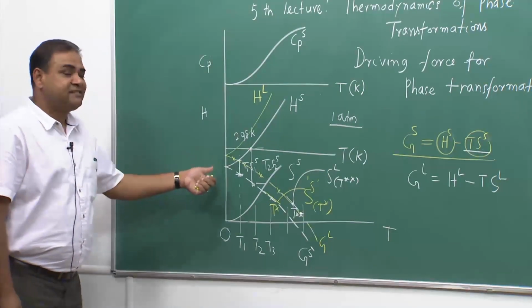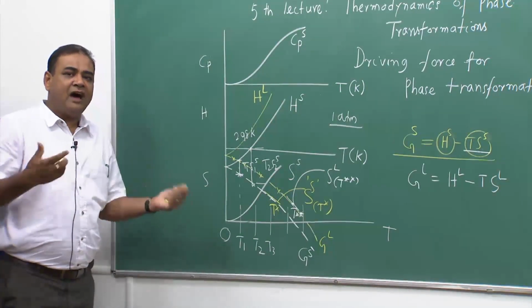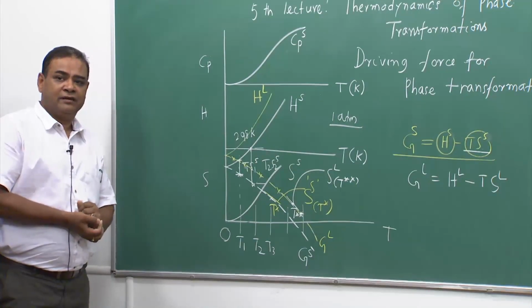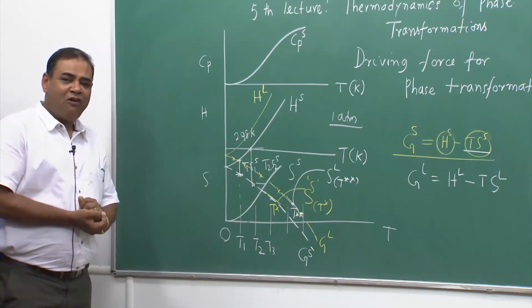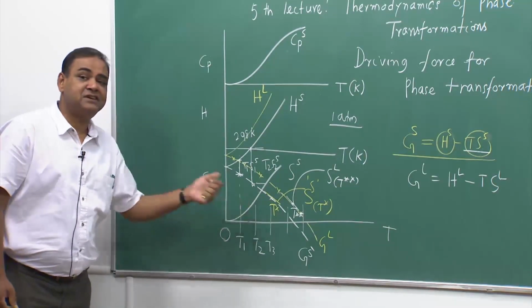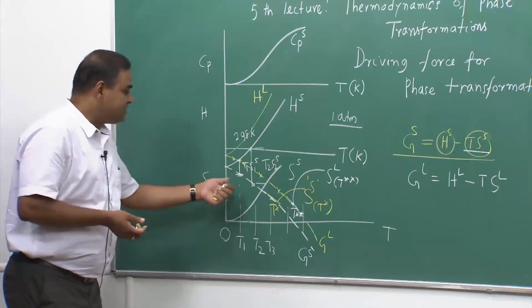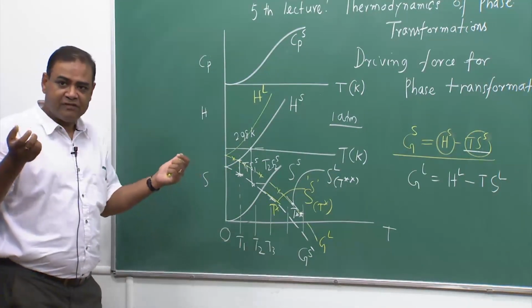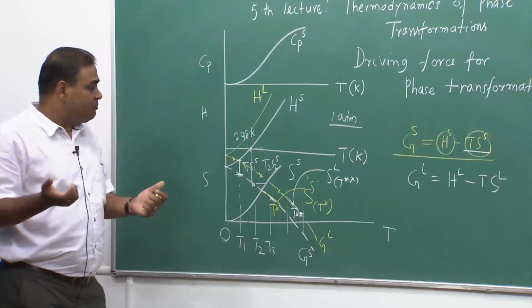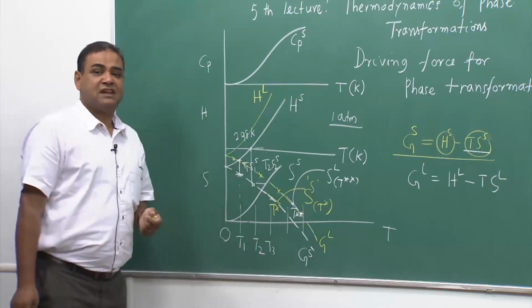Now, we have already seen that entropy of liquid is higher than the entropy of solid. That means the slope change for the liquid free energy line could be high, very high, or slightly high, but it will be higher than the slope of the GS line.